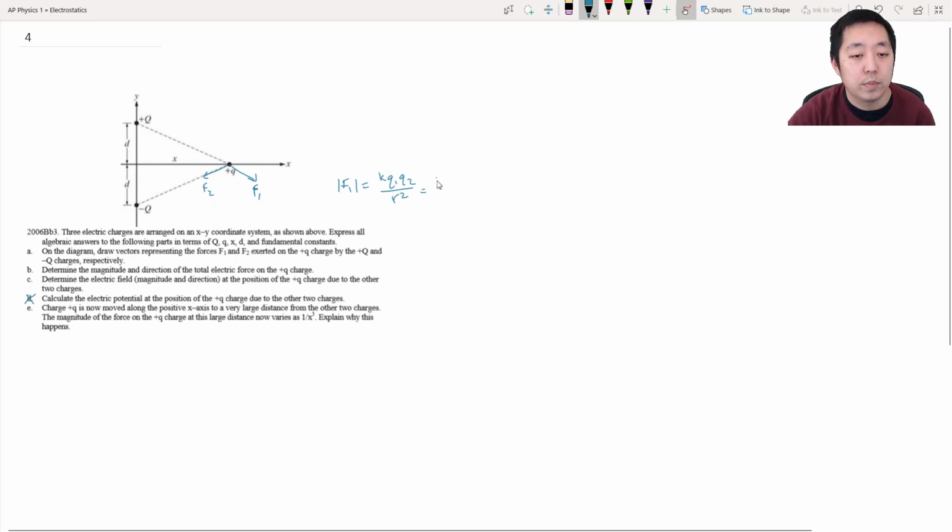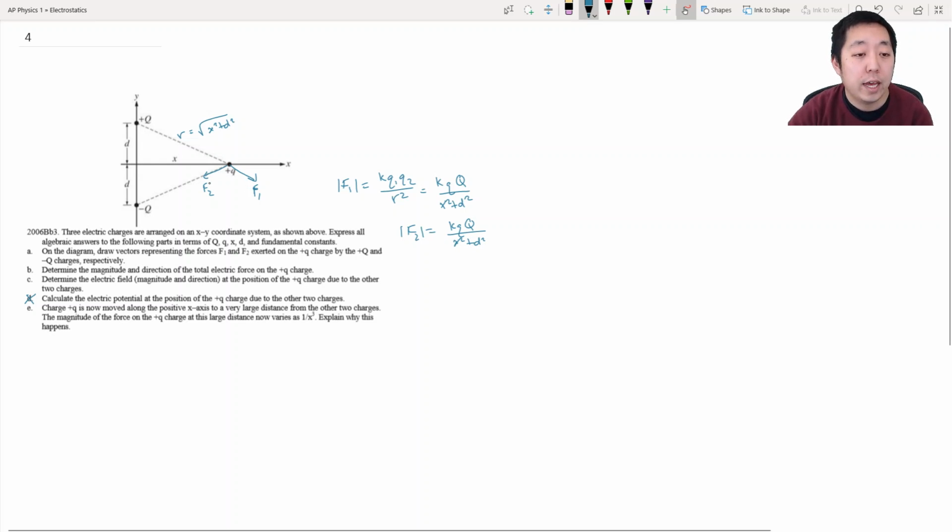Q1 in this case is just Q, Q2 is q, and R is this distance. By the Pythagorean theorem, R squared is just x squared plus d squared. Now, the magnitude of F2 is the exact same thing, it's just the direction that's different.